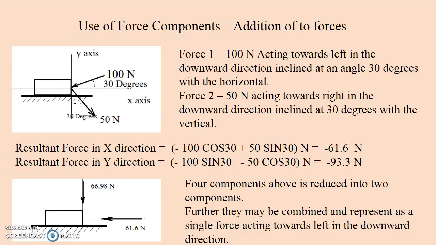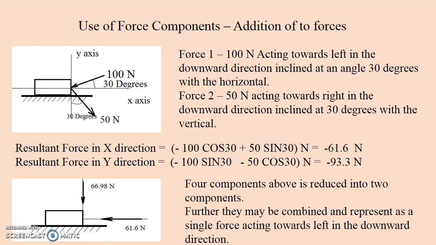The x component of the 100 Newton force is 100 cos 30 and its direction is towards left, so it is minus 100 cos 30. The x component of the 50 Newton force is 50 sin 30, and it is a rightward force, so we take it with positive sign. So the total resultant force in the x direction is minus 100 cos 30 plus 50 sin 30, which is equal to minus 61.6 newtons.